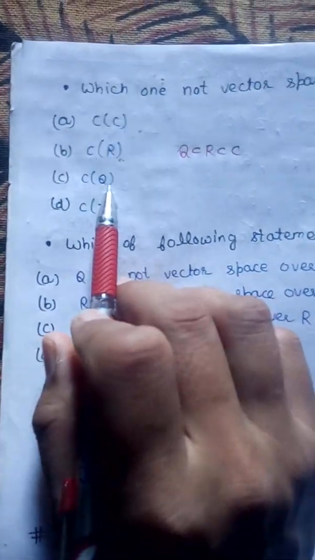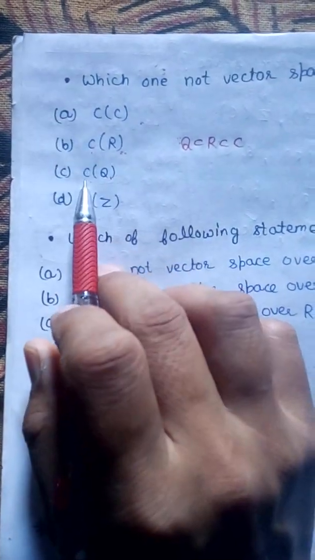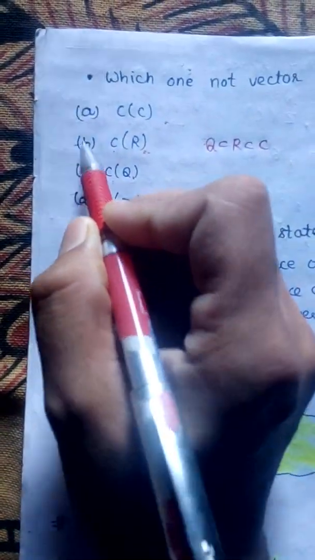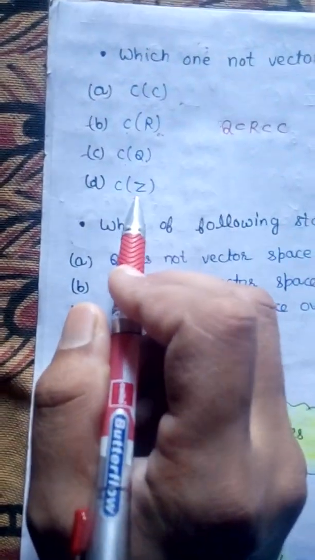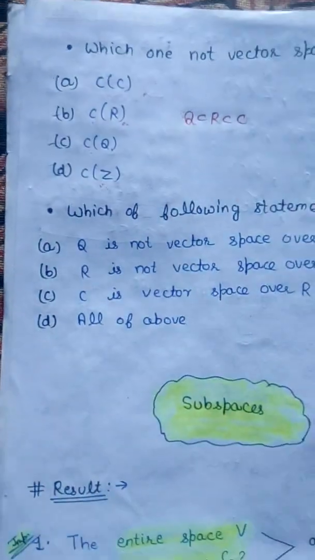C over Q is a vector space because the field contains the subfield. C over Z is not a vector space because the inverse property does not hold in Z.